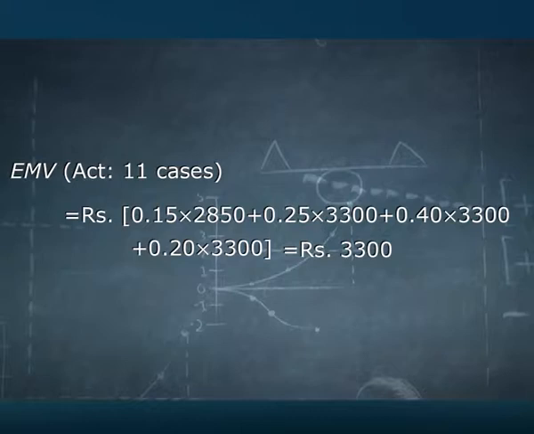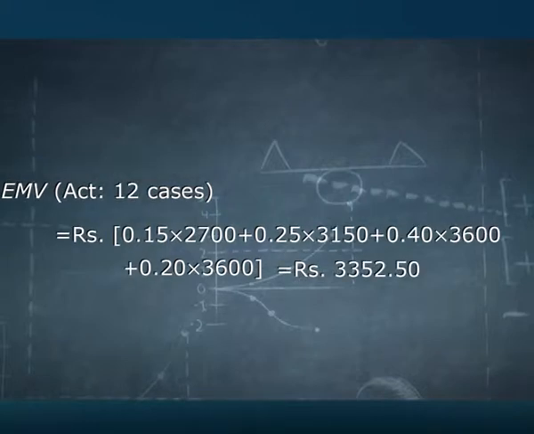So that is giving us rupees 3300. Now EMV for the act 12 cases. So this is equal to rupees 0.15 times 2700 plus 0.25 times 3150 plus 0.40 times 3600 plus 0.20 times 3600. So that is giving us rupees 3352.50.